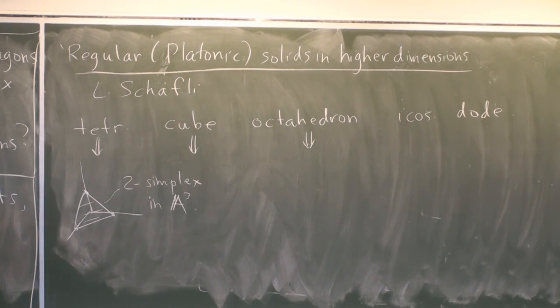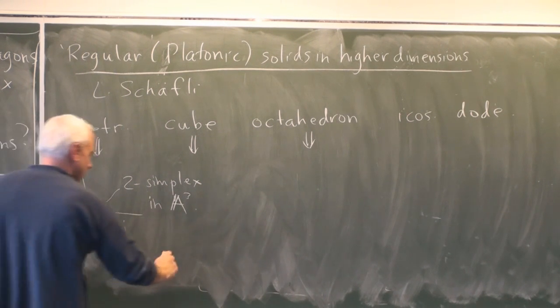And similarly, the tetrahedron can be thought of as what you get when you join the 4 basis vectors in 4-dimensional space. And so you can do exactly the same thing in higher dimensions.